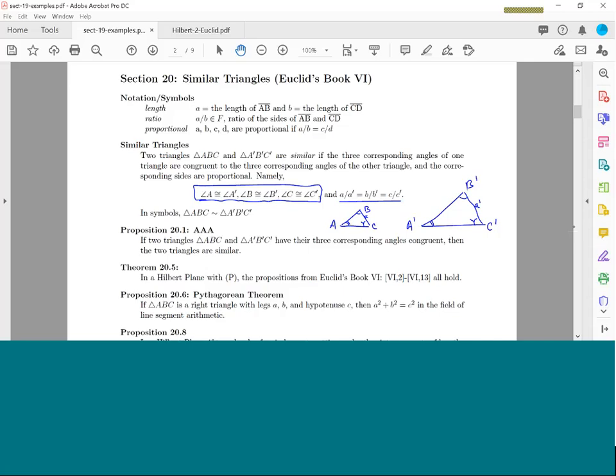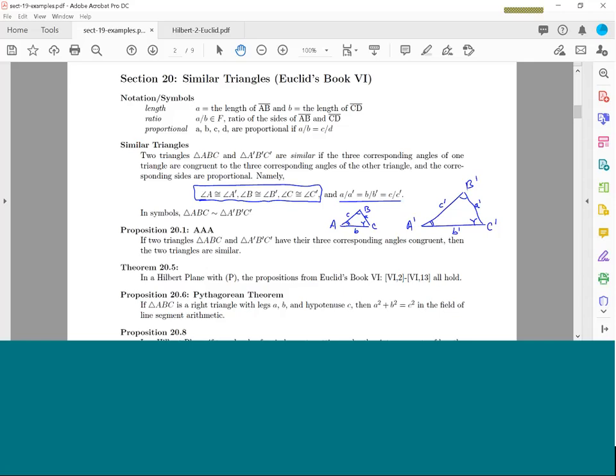The side across from point B would be tagged with a length of b, same deal in the primed version. And the side across from vertex C would be tagged with a length of lowercase c, and same deal in the larger triangle. So notice here your corresponding sides are the sides between the corresponding angles as well. So that's another way to think about it.